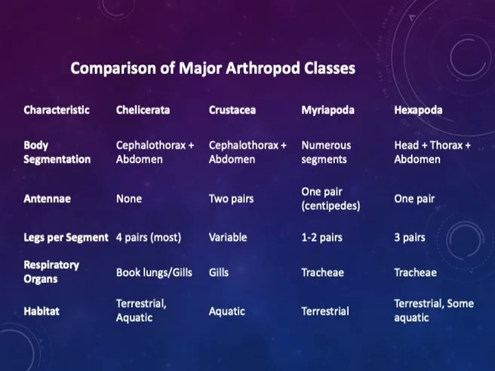This is a comparison of major arthropod classes. So, these are the characteristics, these are the major groups of arthropods. According to the characteristics, this is how they are classified.